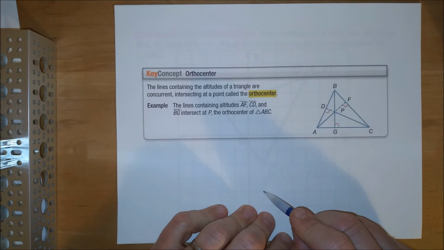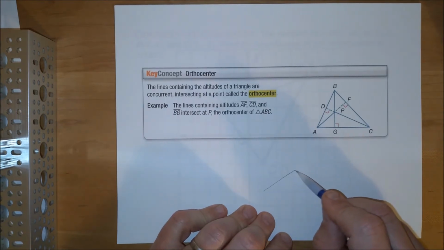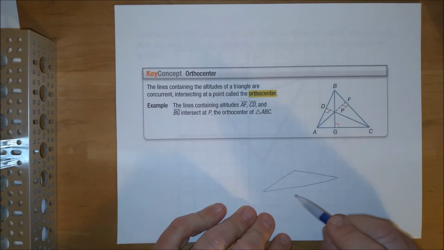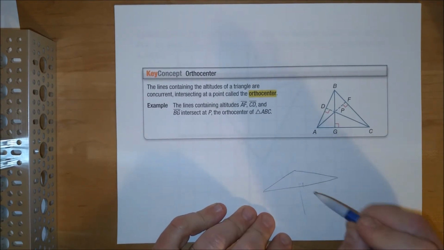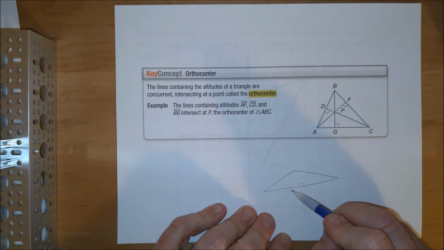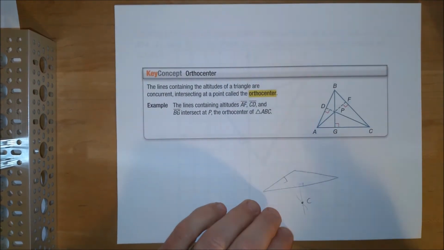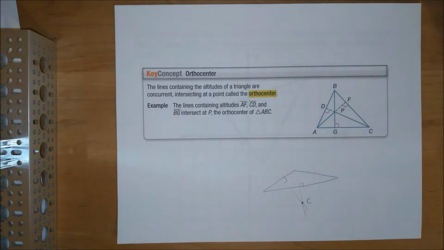There were times when the circumcenter would fall outside of the triangle. If we had an obtuse triangle and we drew those perpendicular bisectors, we would find that the circumcenter would fall outside of the triangle.